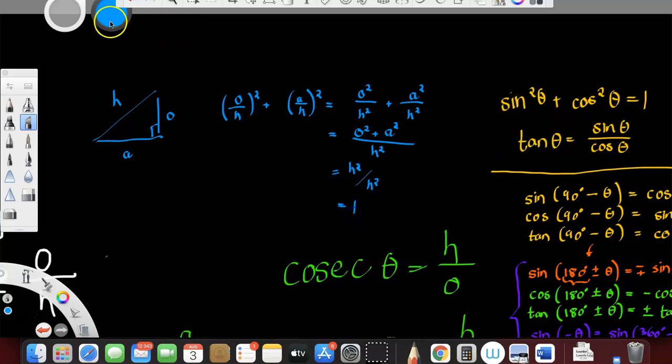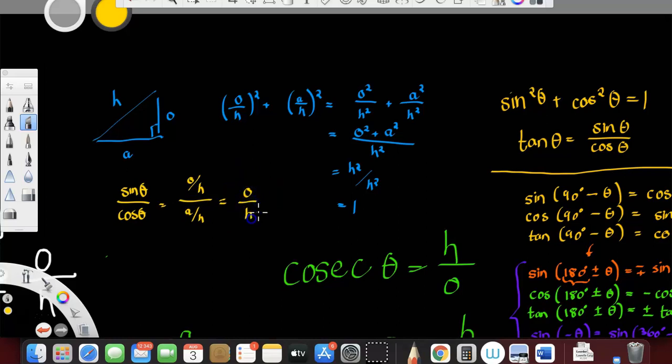How about tan? Okay, so tan is sine over cos. So sine theta over cos theta is equal to opposite over hypotenuse divided by adjacent over hypotenuse. One of my students taught me, when we divide fractions, you tip and times.